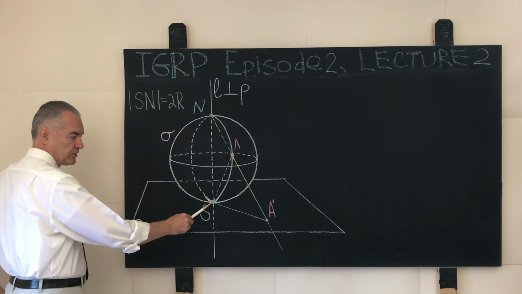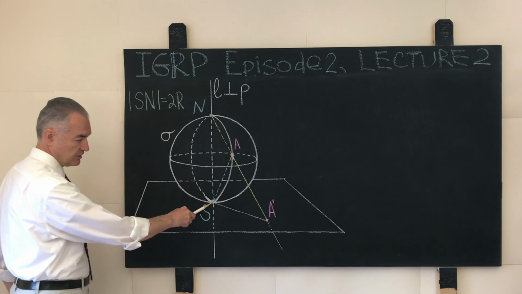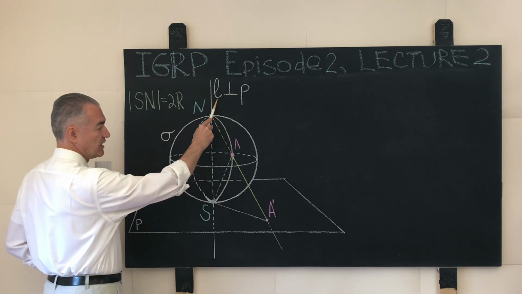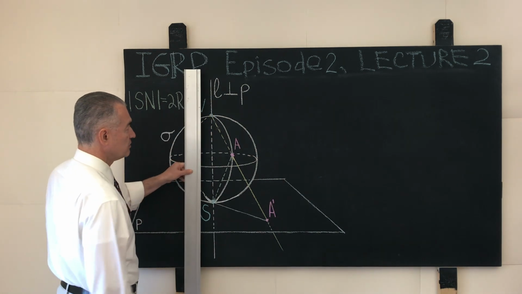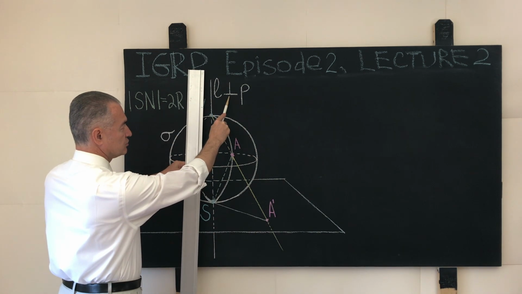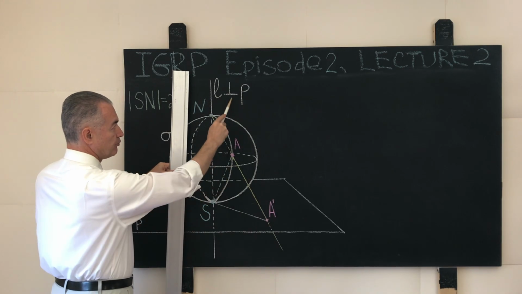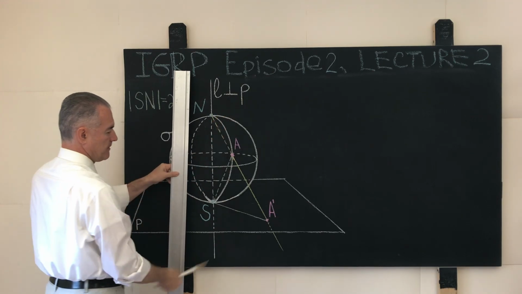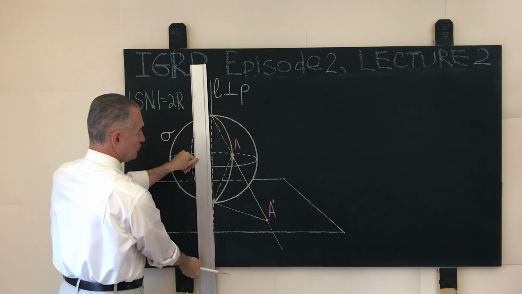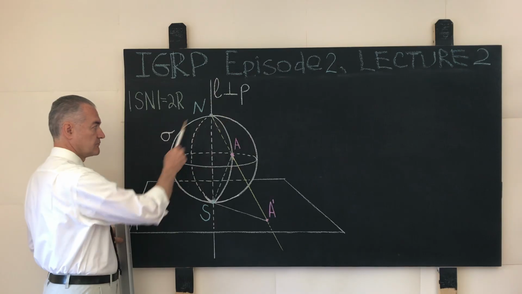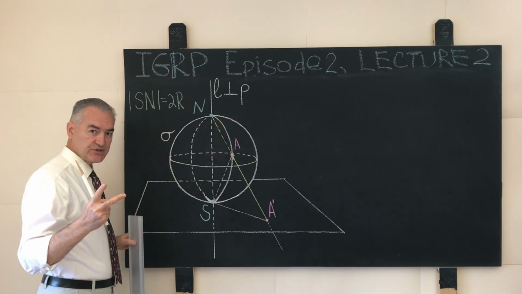Through this point S, shown over here in blue, we construct a straight line named L that is perpendicular to the plane P that lies below, like this, and it is evident that that straight line L will intersect our sphere sigma at two distinct points.